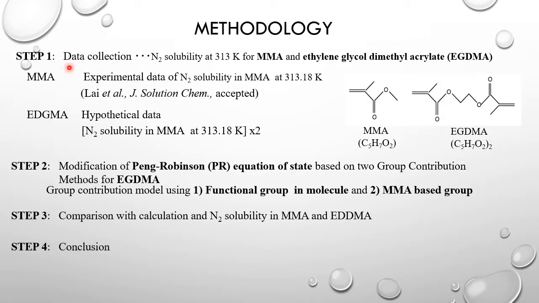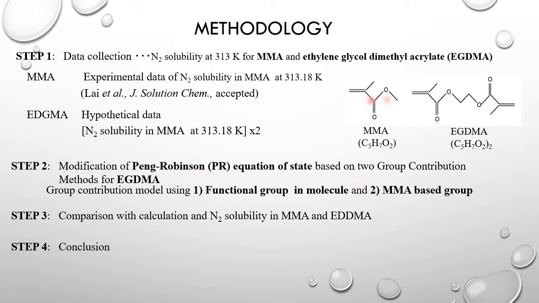The solubility data of nitrogen in MMA was collected from our previous work. Meanwhile, hypothetical gas solubility data of ethylene glycol dimethacrylate (EGDMA) was made by the modified Peng-Robinson equation of state with group contribution model.